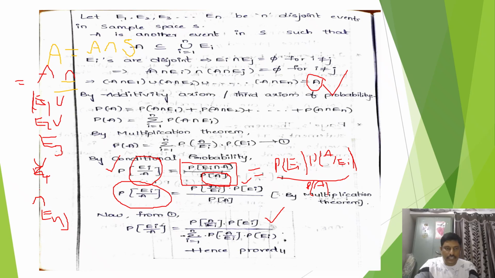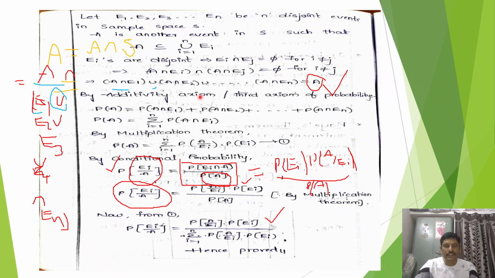A is equal to A intersection E1 union A intersection E2 union A intersection E3, and so on, union A intersection En.